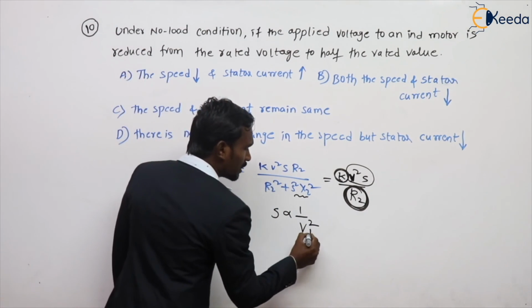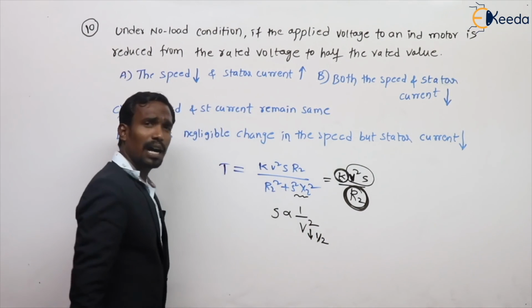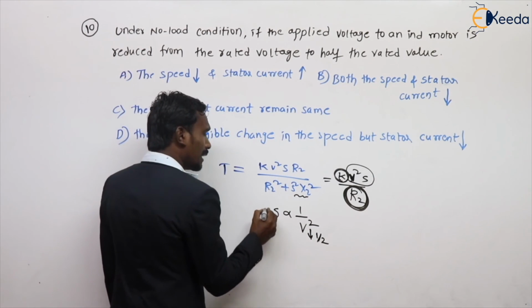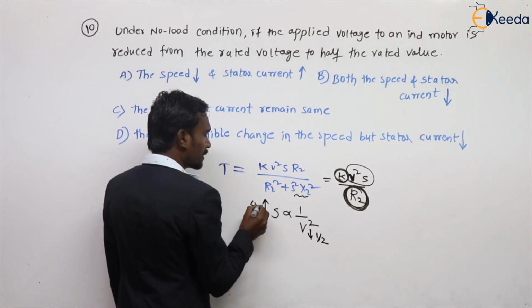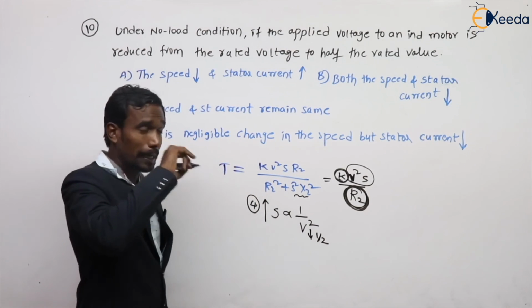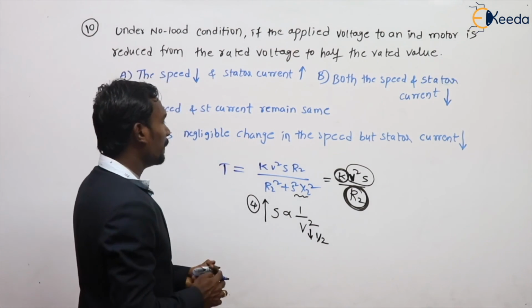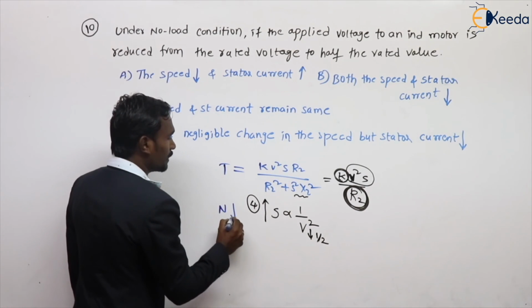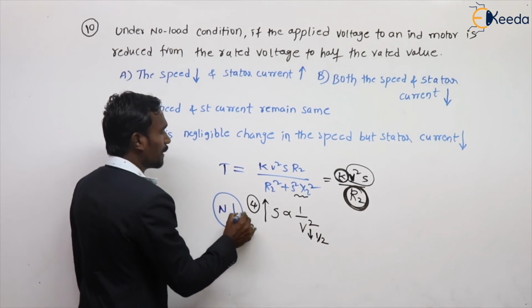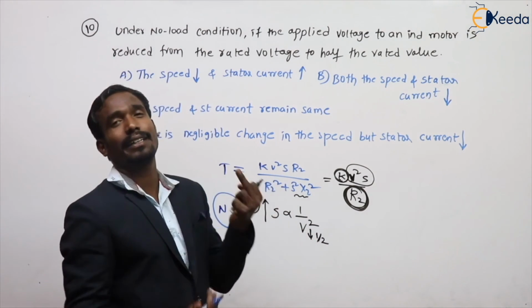If voltage is reduced to half, then the slip increases because of the square formula. Here the slip is increased by 4 times. When slip increases, automatically the speed decreases.